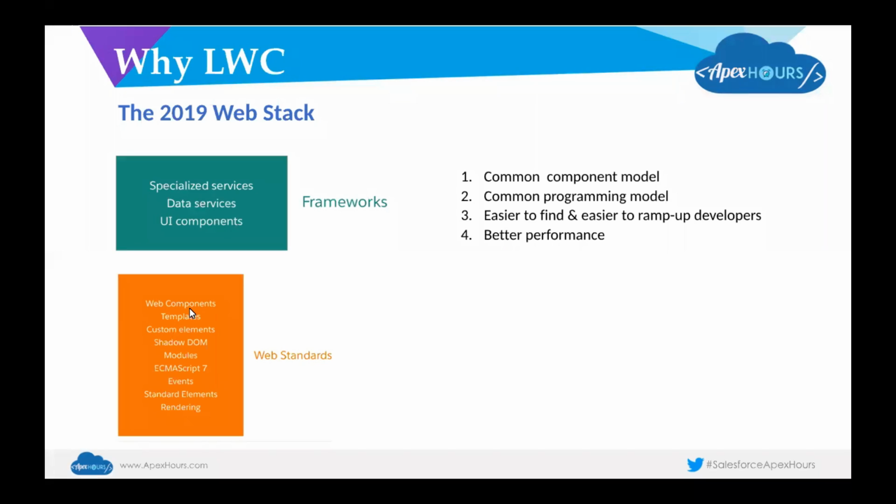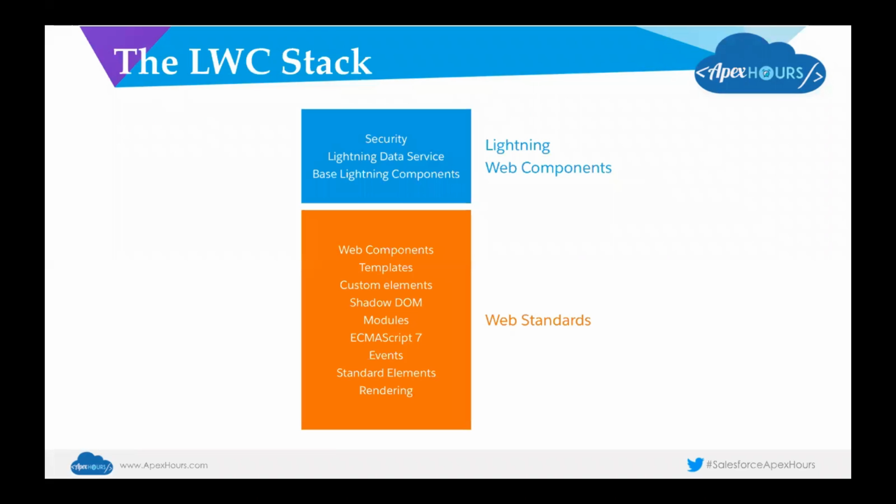If I have a project on LWC, I can easily go into the market and find developers. And again, performance is also a key performance indicator here, which is why they came up with LWC. Now, this is the complete LWC stack. These are all the web standards that we already talked about in just a few.